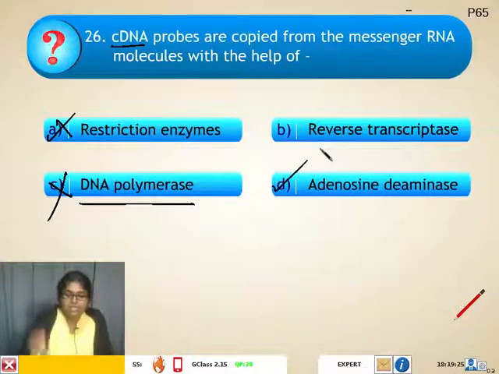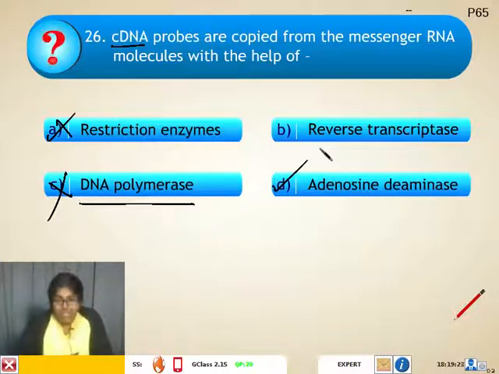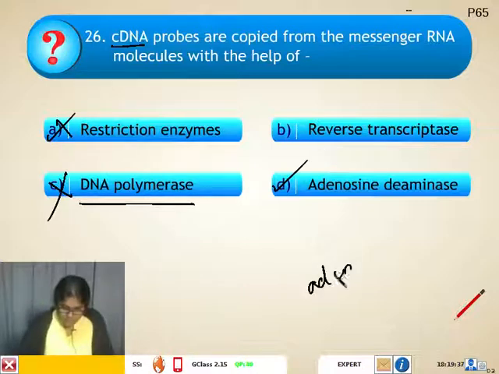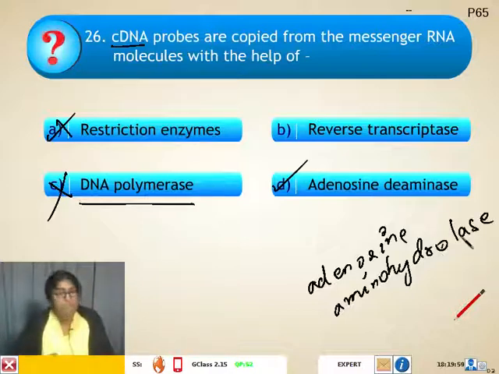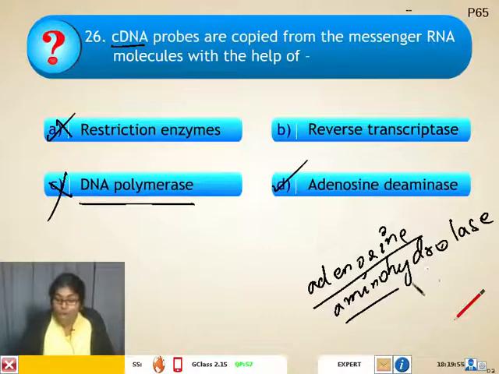Next option, that is adenosine deaminase. Now this adenosine deaminase is also called adenosine aminohydrolase. So what is it called, students? This adenosine deaminase is also called as adenosine aminohydrolase. Now what's the function of this enzyme? Let me tell you.